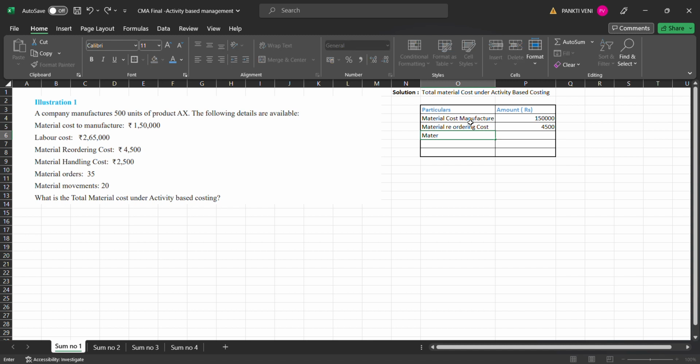Then you have material handling cost, 2,500. Then material order and material movement we are supposed to ignore. So I've ignored three things: labor cost, material order, and material movements. If I total this up, I'll get 1,57,500. This is my total material cost.